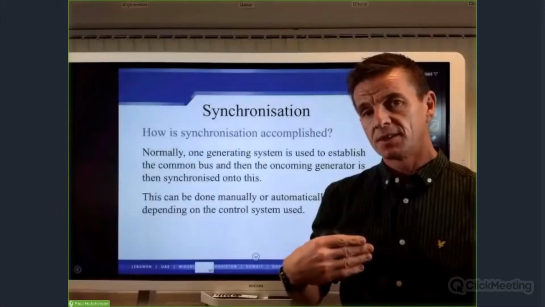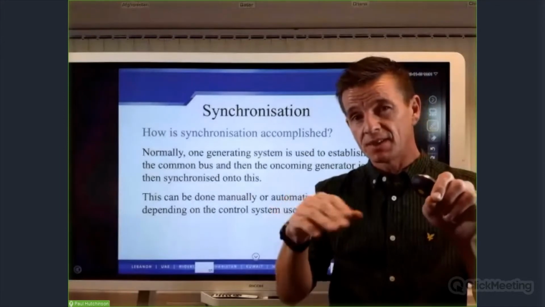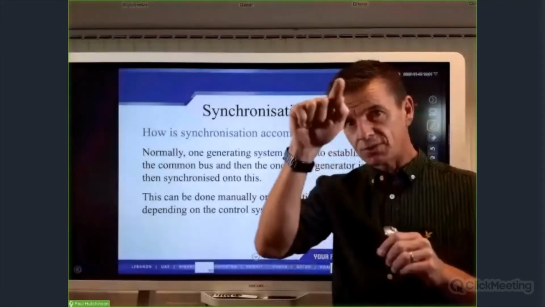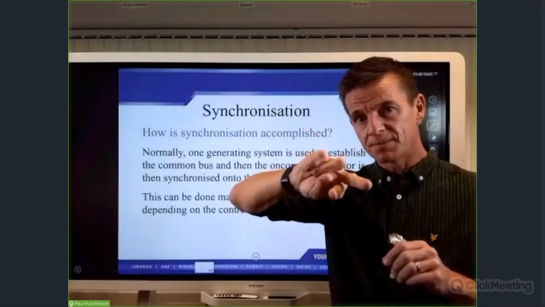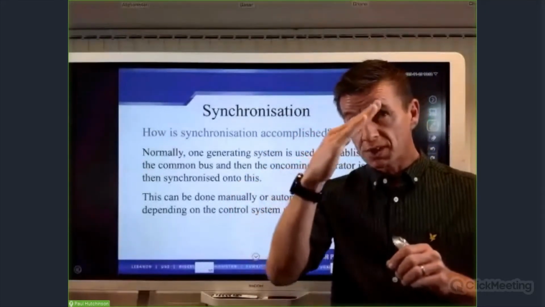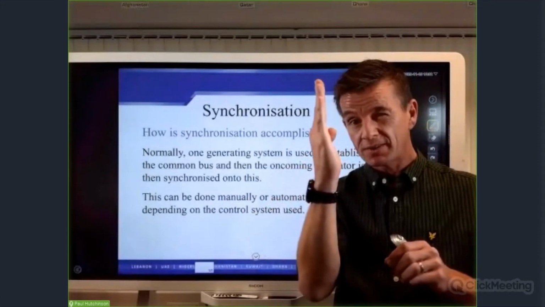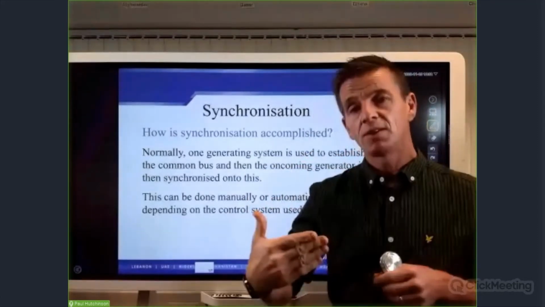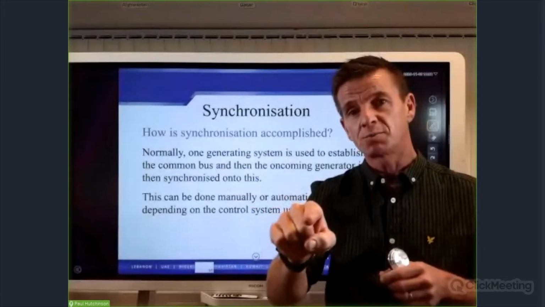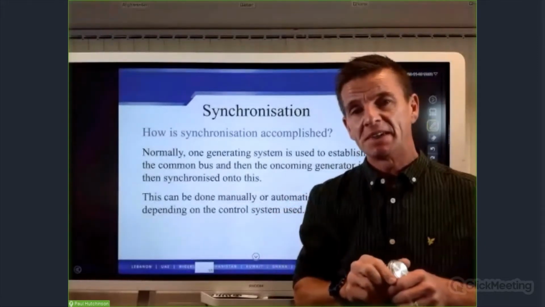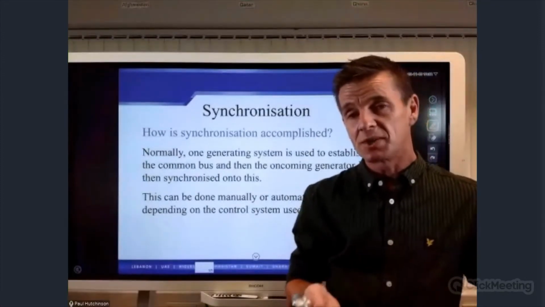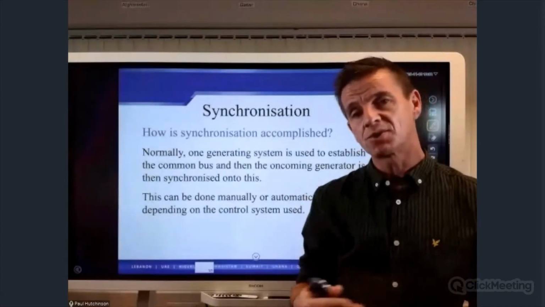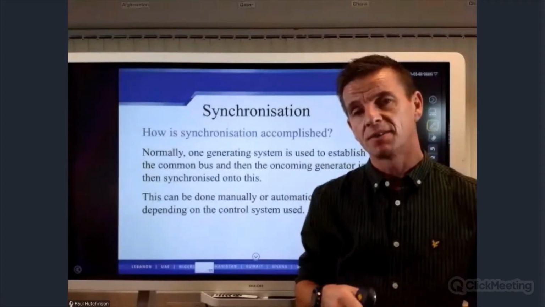We used to have our controllers for the speed and the frequency. You would have been watching your three lights, watching the two lights changing very slowly. And you'd be watching your sync meter, and when it hit the 12 o'clock position, at that point we used to hit a close breaker button. And a lot of us used to go and hope for the best at that point. So that was the old way we used to synchronize the systems together.